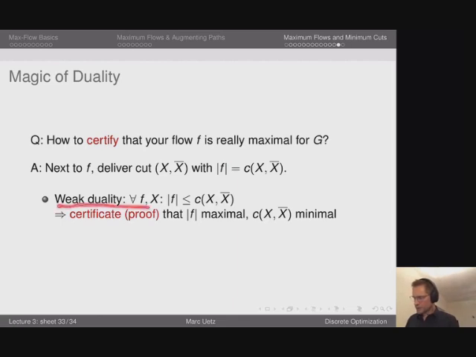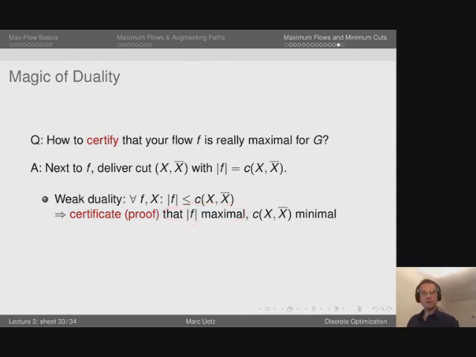Weak duality says that the value of any flow is upper bounded by the capacity of any cut. Everybody knows that. Since I know this, and you delivered me a flow and also a cut with the same value, I can accept this as a certificate, as a proof that your flow solution is really the optimal solution, so that is really a maximal flow.